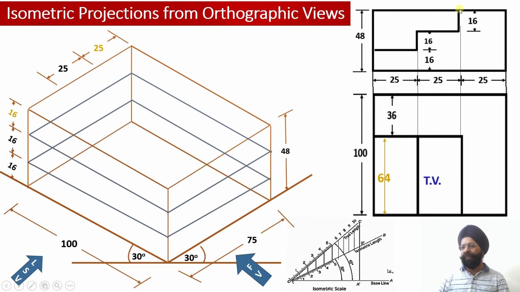So this is step number 1. This will give me step number 2, this point, right? And finally another 25 will give me the front face over here, that is this corner of step number 1.